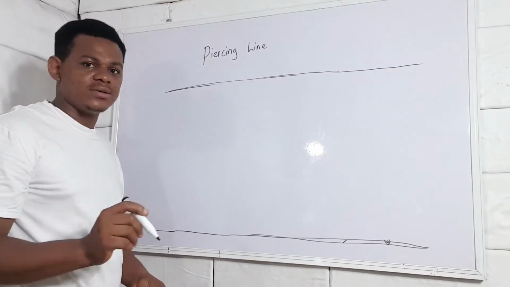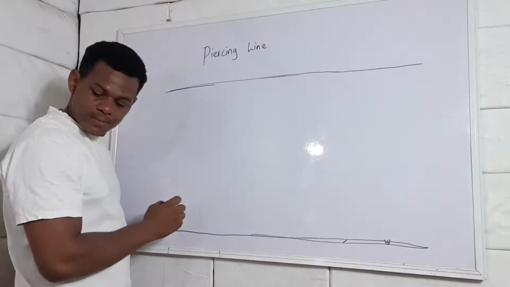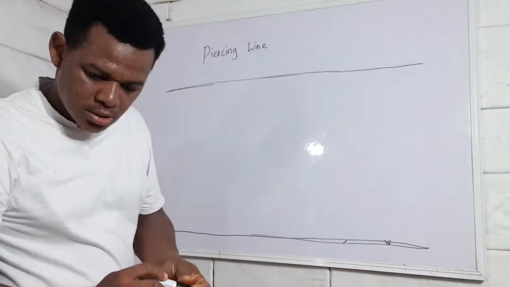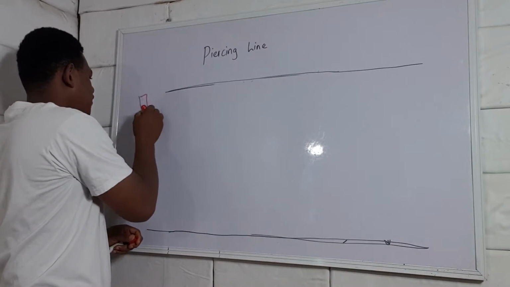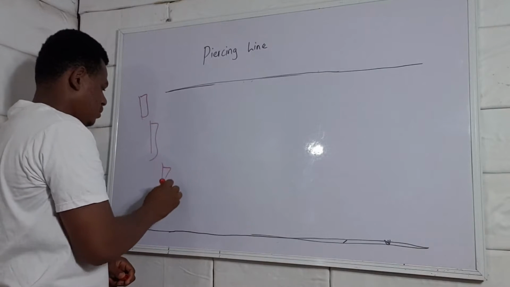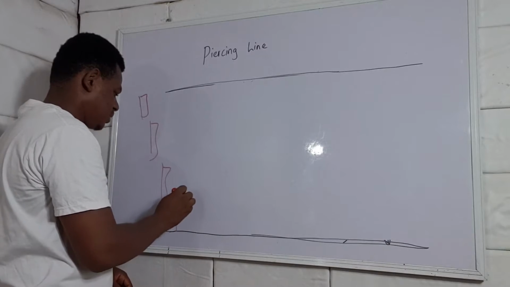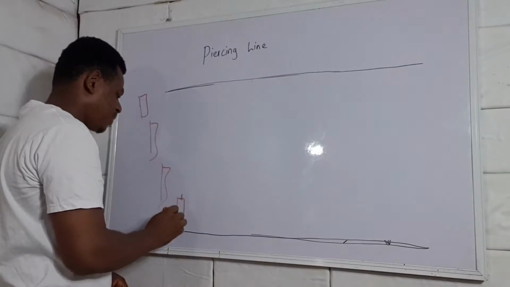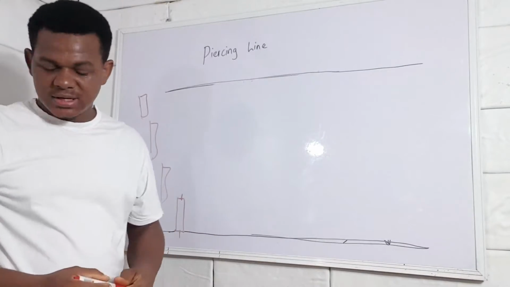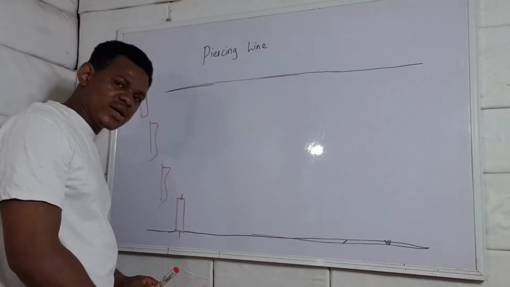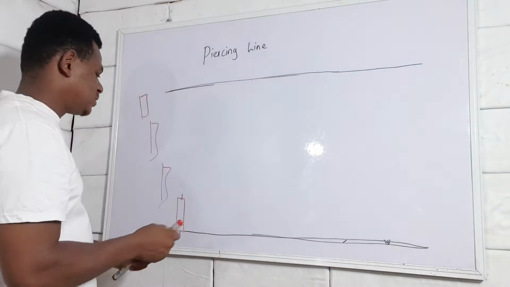Now check this out. This is a market that came from the top and stopped here at the support, which always holds the market for the next movement, either to continue to the downward side or to continue to the upward side.